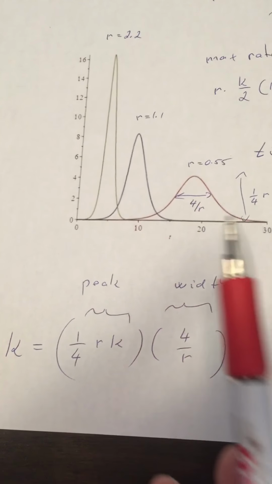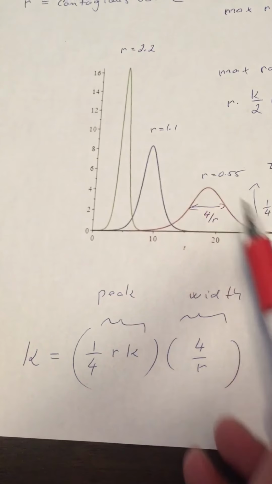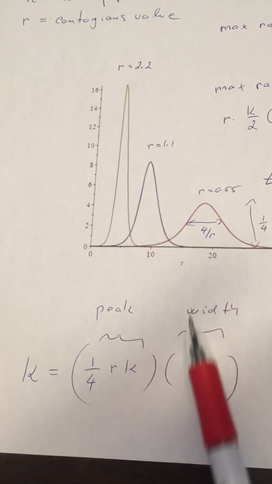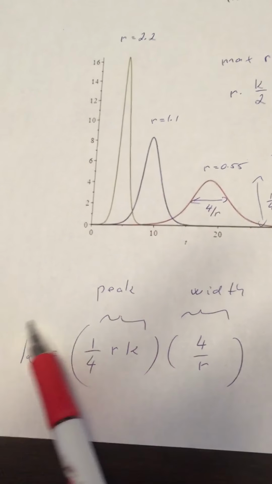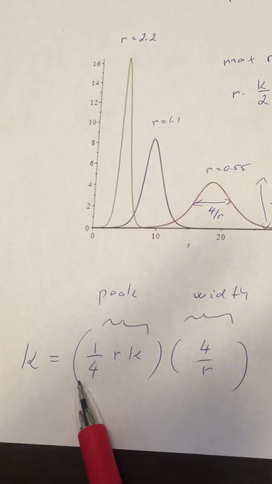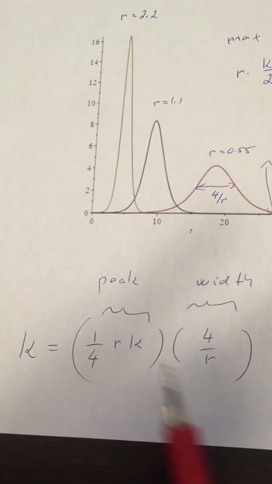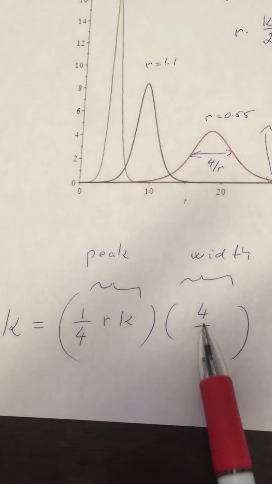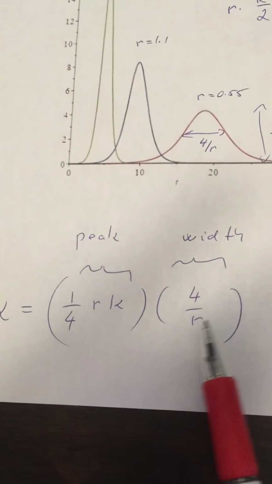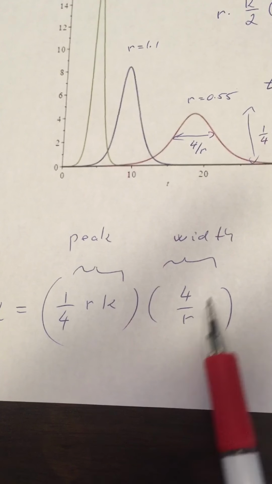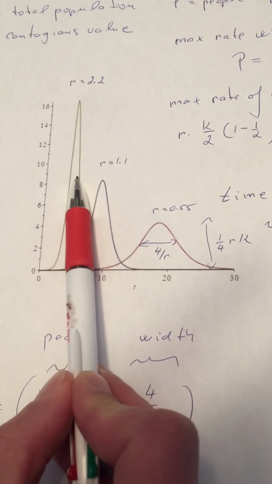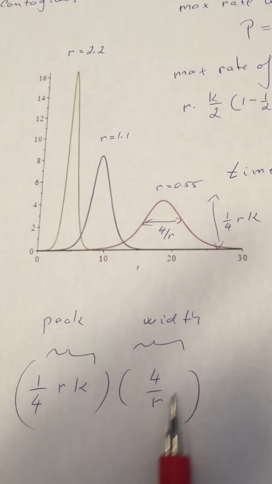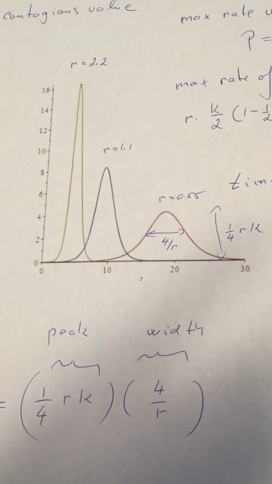The area is fundamentally, I know it's not a rectangle, but if it quacks like a duck, it's a duck, so it's going to be the peak times the width, the same value, K. So if the peak is a quarter of R times K, then the width has to be about 4 divided by R. So the bigger the R, the smaller the width; the smaller the R, the bigger the width.